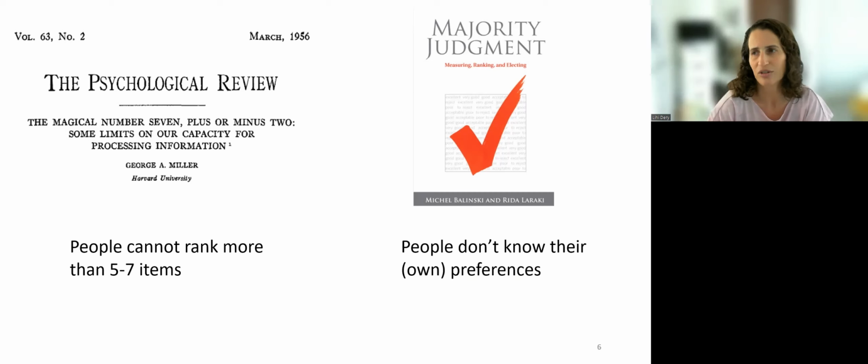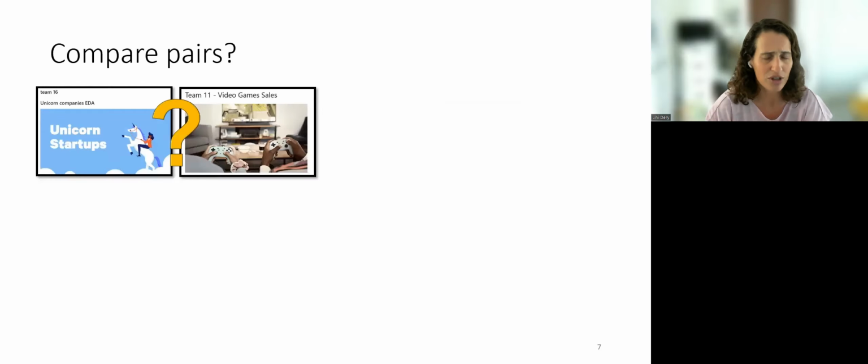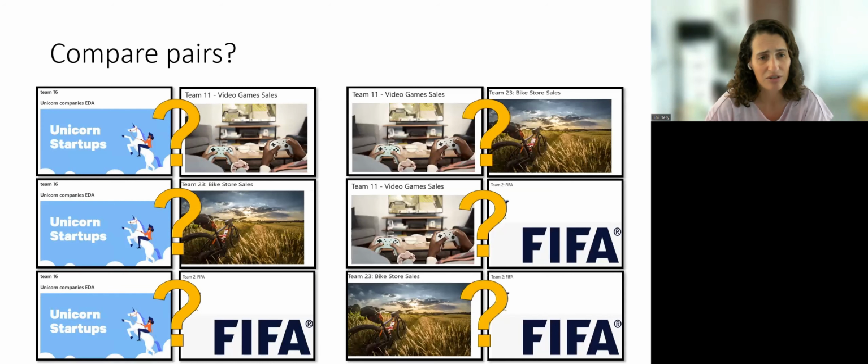So one of the solutions that are available is to ask people or students to compare pairs of projects. So if I ask students, do you prefer this project or that project, they will know to tell me the answer. The problem is that even if I have only 4 projects, I will need to create 6 pairwise comparisons.